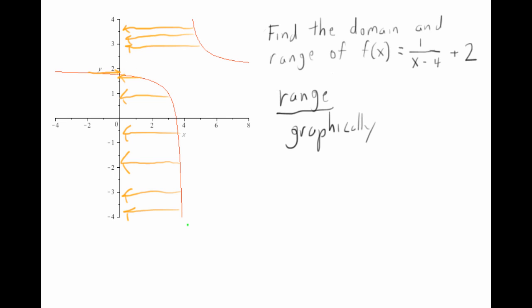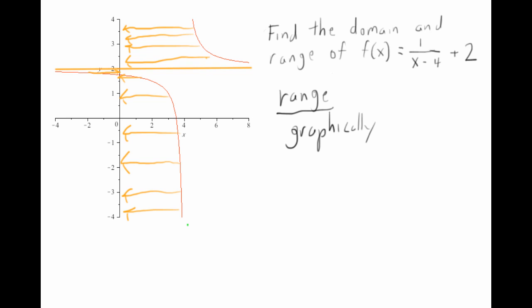You might notice that we have a line that we appear to approach at height 2, but not touch. We get closer and closer to that line, but we never actually touch that line.